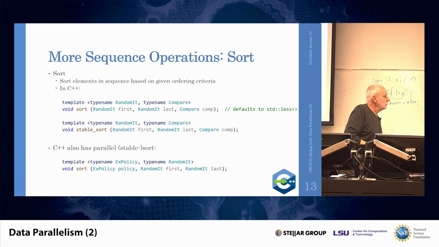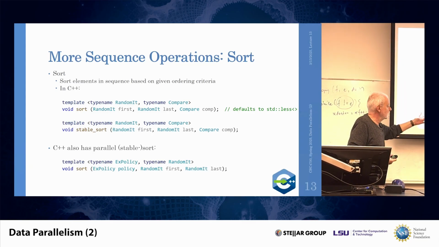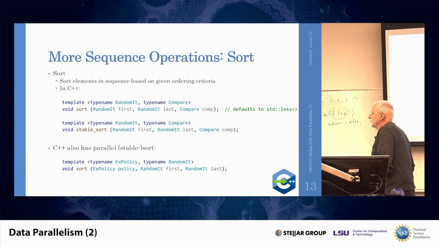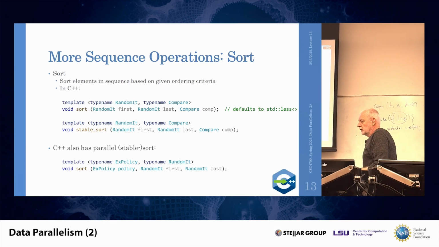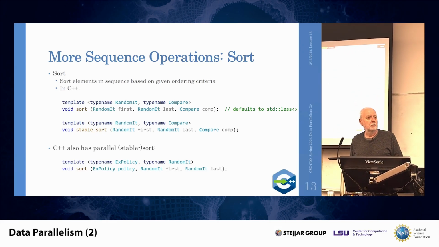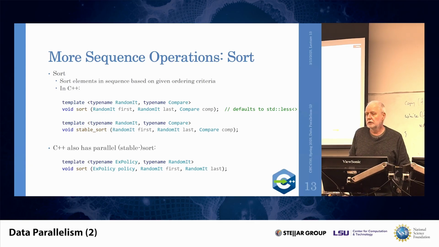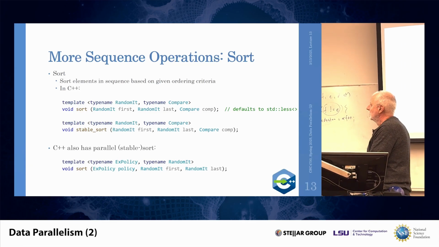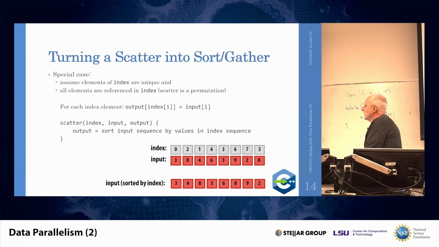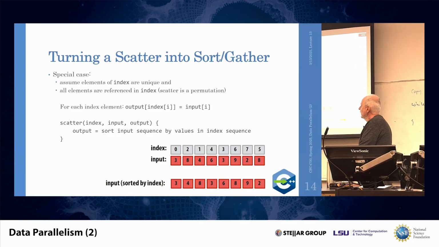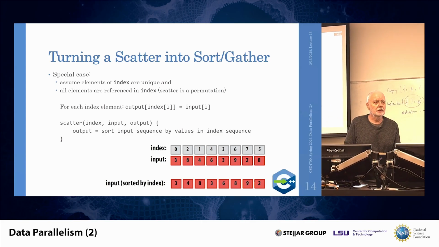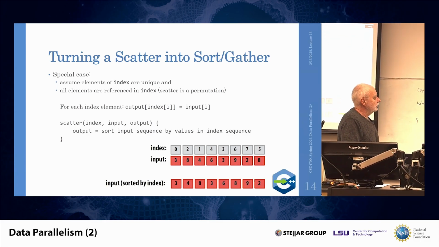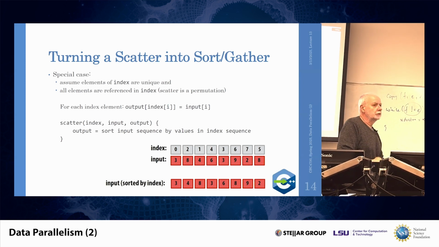There's obviously parallel sort. In this case, it's a non-stable one, but there's a stable sort as well. So you can use the parallel algorithms just fine. The parallel versions usually rely on some quicksort implementation combined with other sorting algorithms underneath. So they are fairly efficient. One interesting application is if all your indices are unique and you want to scatter using that unique index.